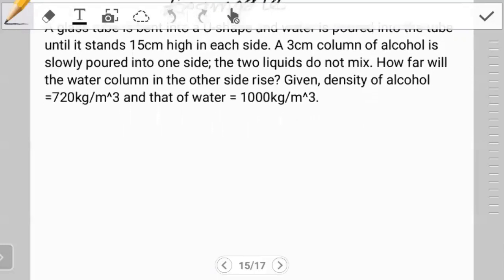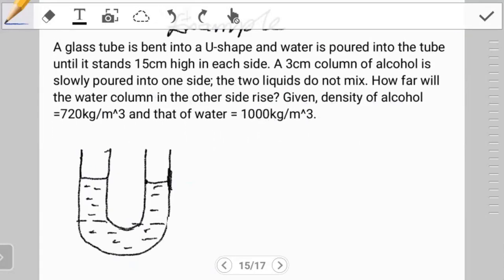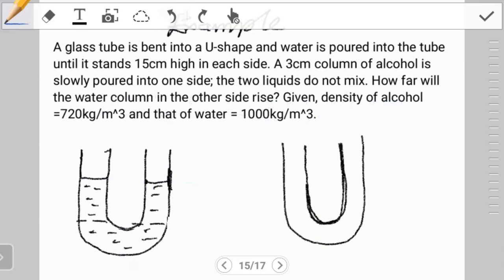So if we're going to sketch what is actually happening here, first let's sketch what happens on the other side. The first part that we were told was that the height before adding anything on each side is 15 centimeters.